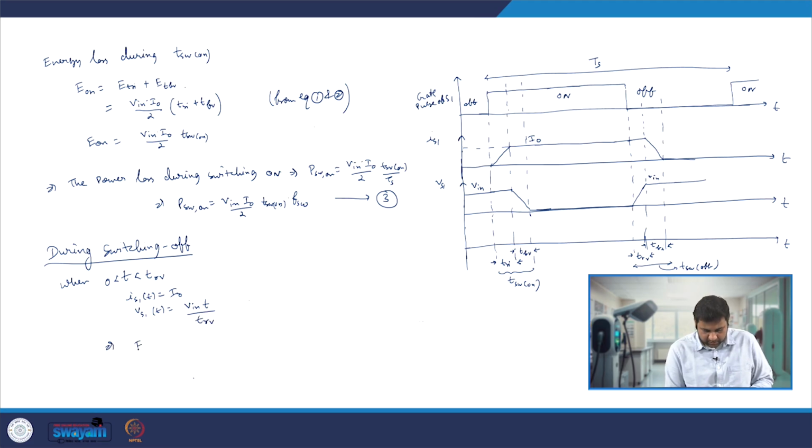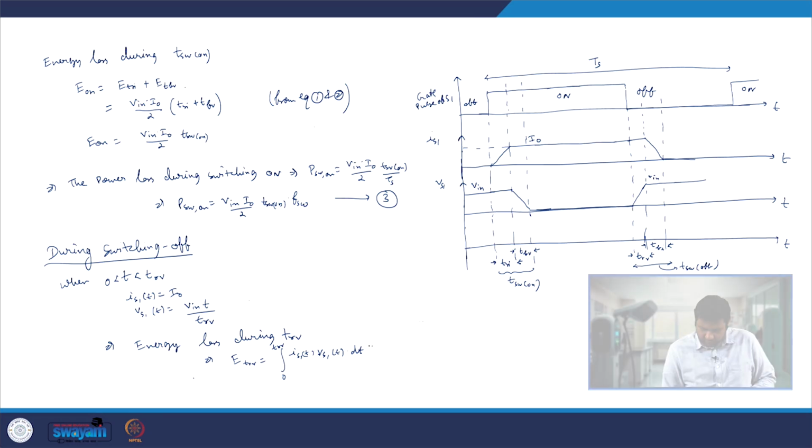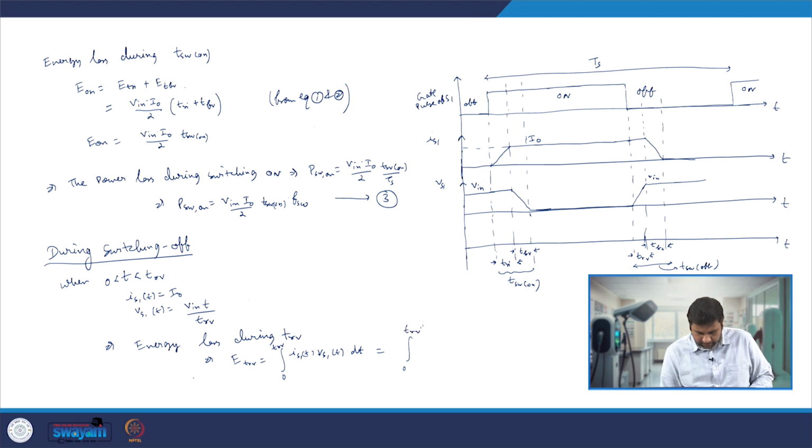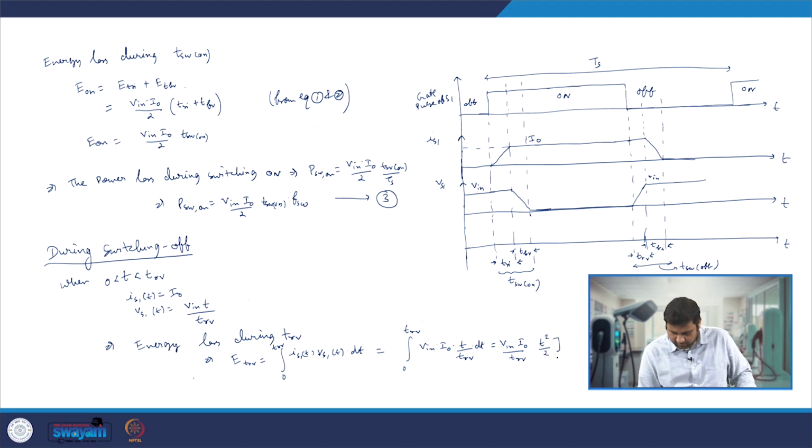Now if we try to calculate the energy loss during TRV, we get E_TRV as the integral from 0 to TRV of Is1(t) Vs1(t) dt. Putting in the values, we get the integral from 0 to TRV of V_in I naught t by TRV dt, which gives V_in I naught by TRV times t squared by 2 from 0 to TRV.